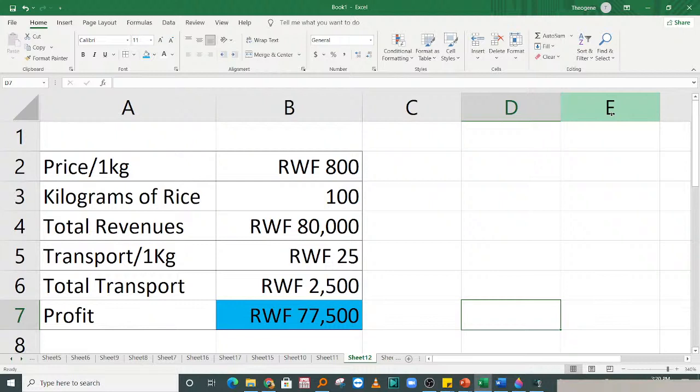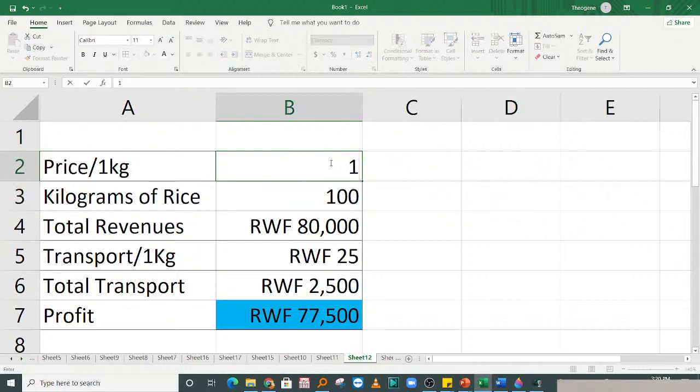Here you may ask yourself, what if I change? What if I change these 100 kilograms and make them, for example, 200? What will be the profit? What if I change the price, okay, to 1,000? What will be the profit? It's clear.